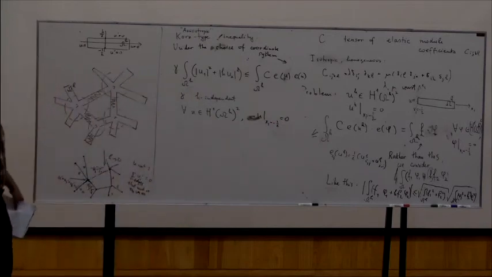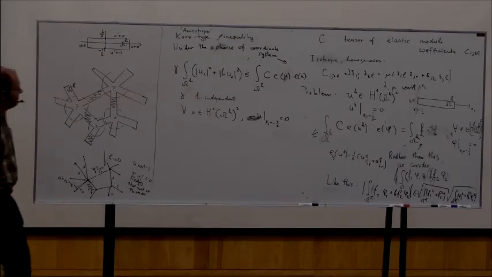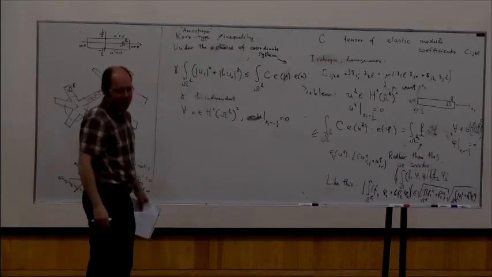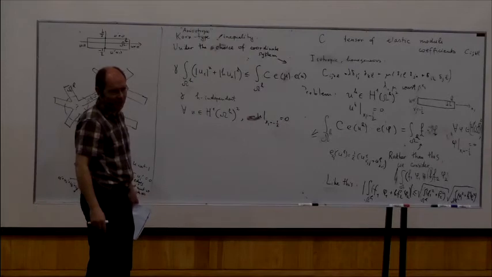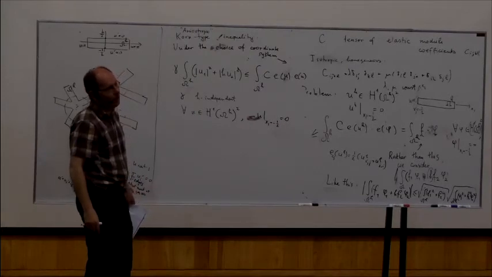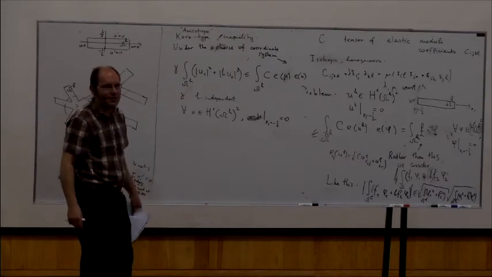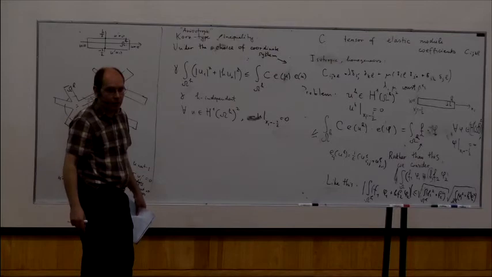Actually, some people may disagree with the choice of this terminology, Korn type inequality. We can argue that the Korn inequality is a relationship between the gradient of the function and its symmetric gradient.